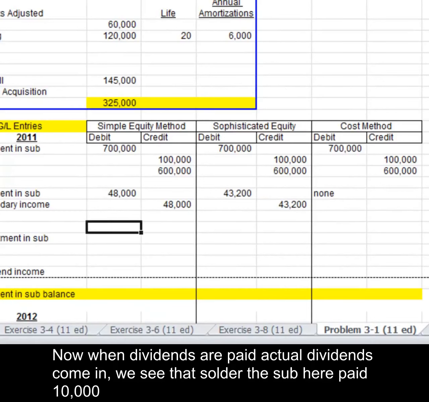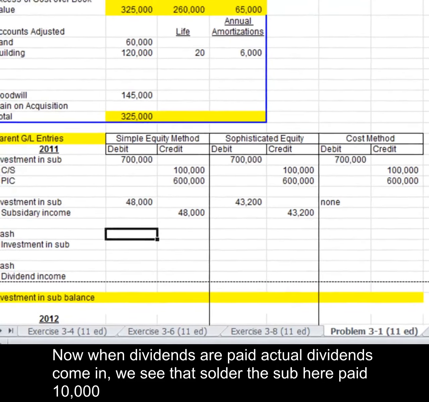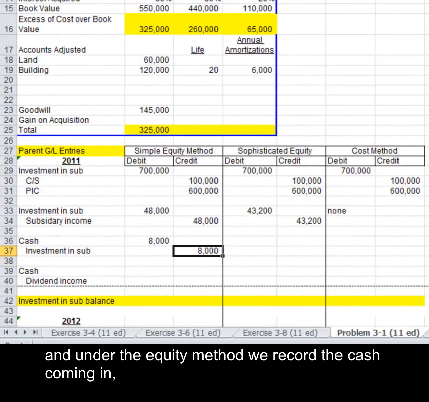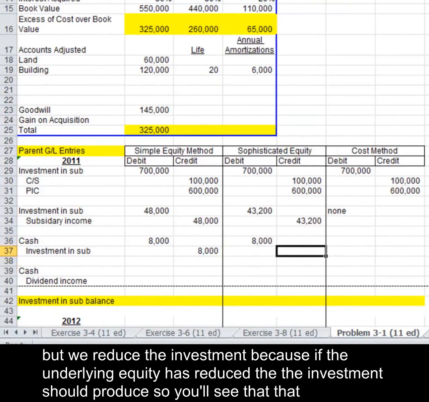Now when dividends are paid, actual dividends come in, we see that Sauter, the sub here, paid $10,000. Well, again, as the parent owning 80%, the parent's going to get $8,000 of that. And under the equity method, we record the cash coming in, but we reduce the investment, because if the underlying equity has reduced, then the investment should reduce.